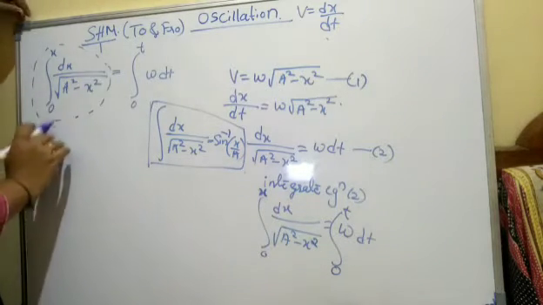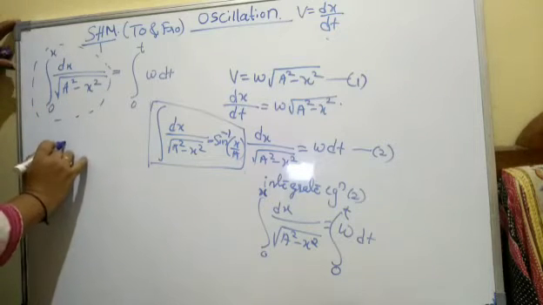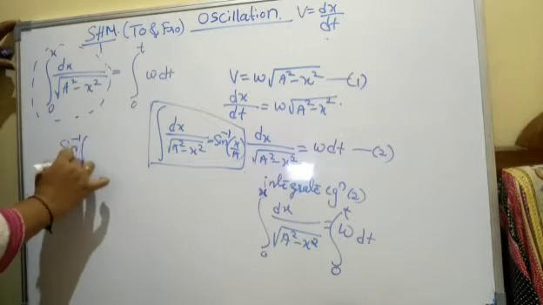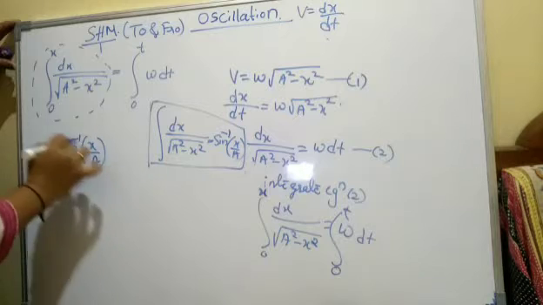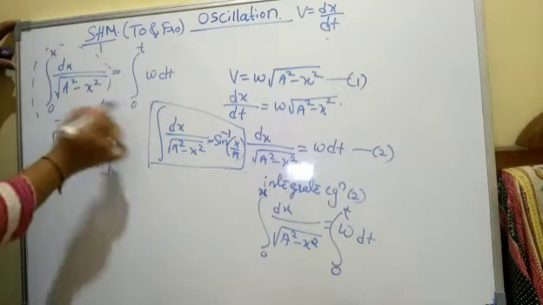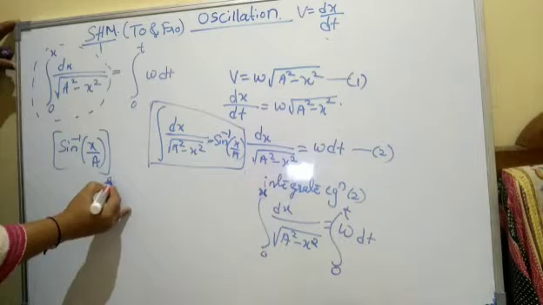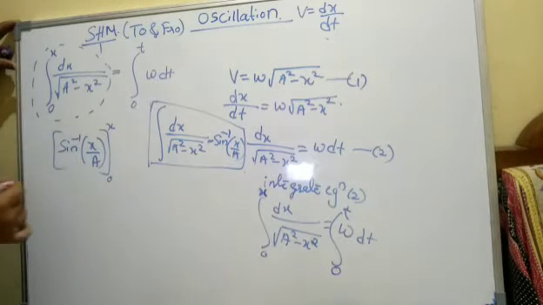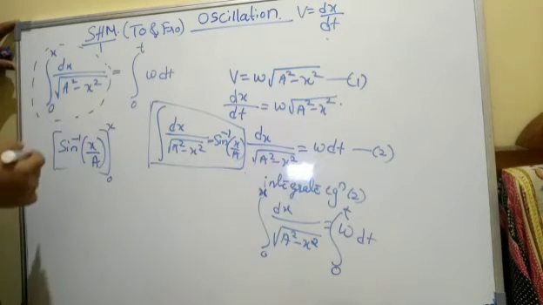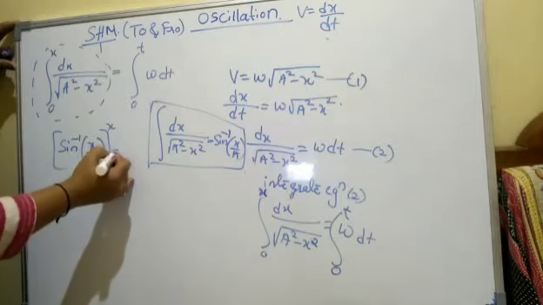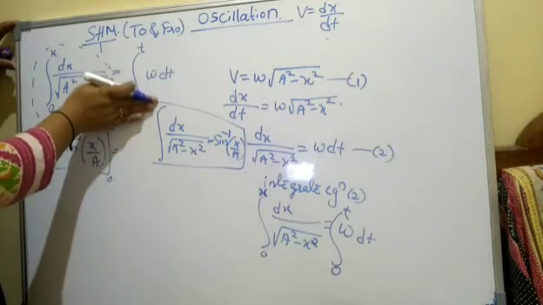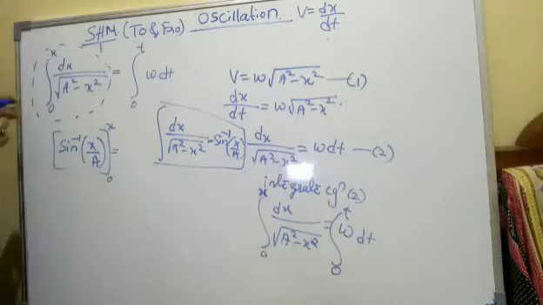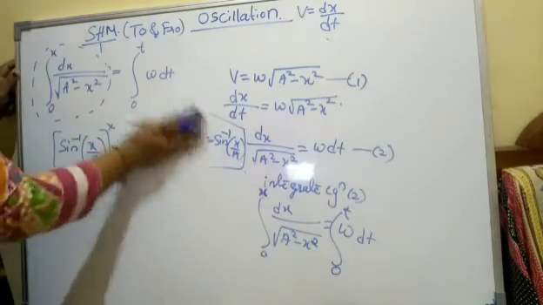Now let us move ahead. Instead of this, I am writing here sine inverse of x by a. What is the limit here? Means the displacement of the particle from the mean position to a certain distance from the mean position, right? That is the maximum displacement from the mean position. So this form I'm going to write here.